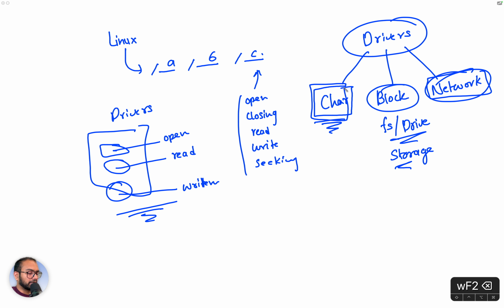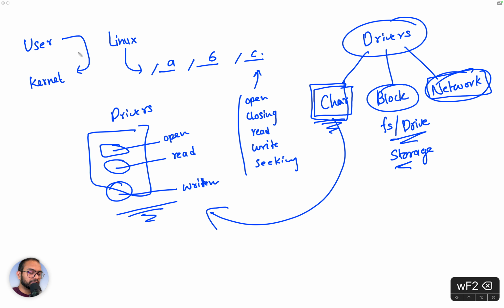But we are going to look at the character drivers, and somewhere we are saying that a driver or device is exposed as a file. So the interface for the user space to request the call to the kernel space is to do some operation on a file.